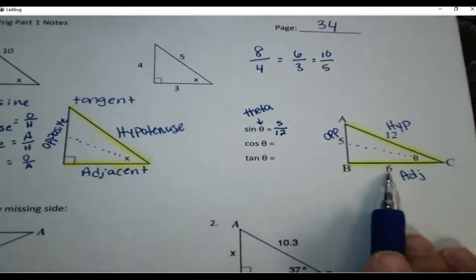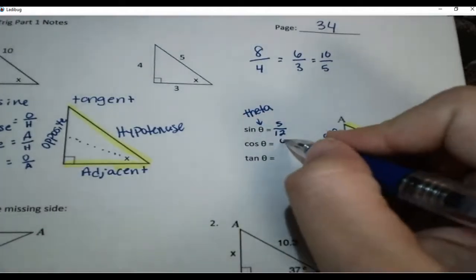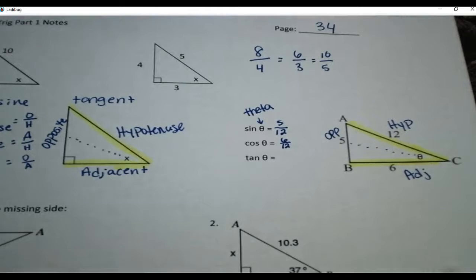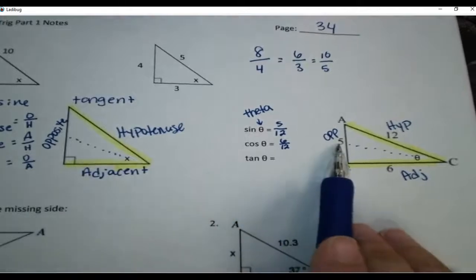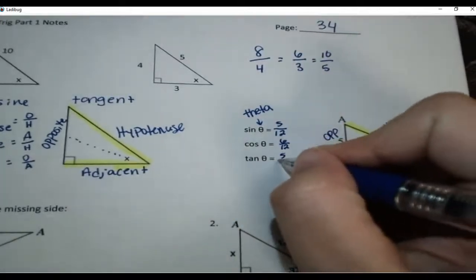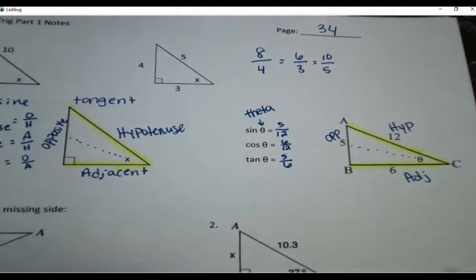Adjacent is 6, hypotenuse is 12, so 6 over 12. And then tan is opposite over adjacent. Our opposite is 5, our adjacent is 6, so 5 over 6. Questions? We're ready to move on.